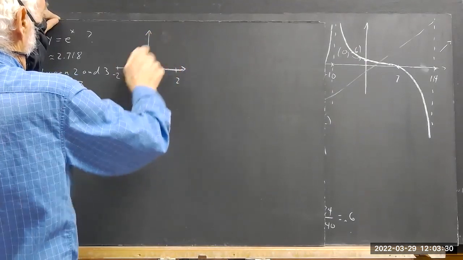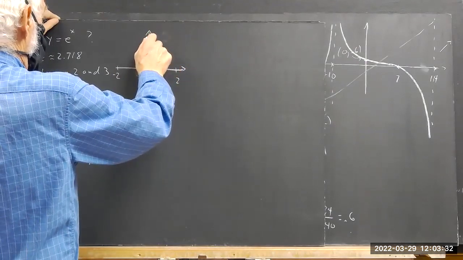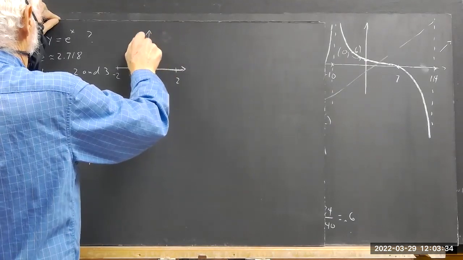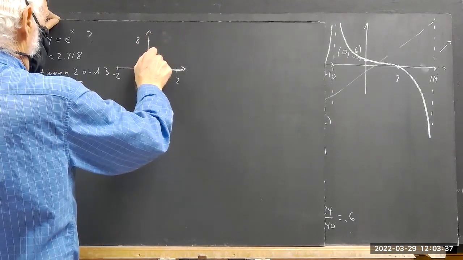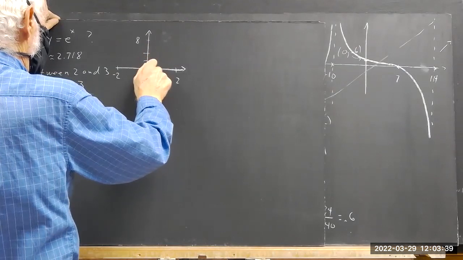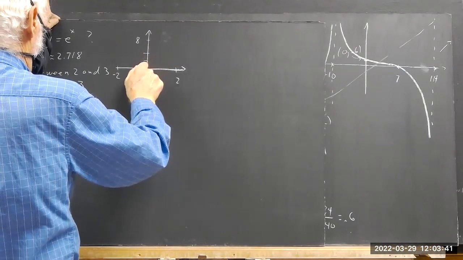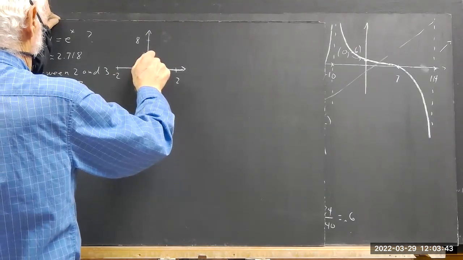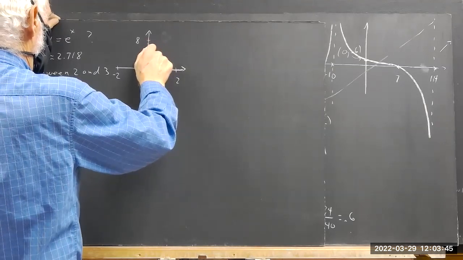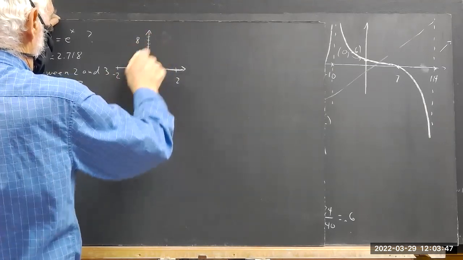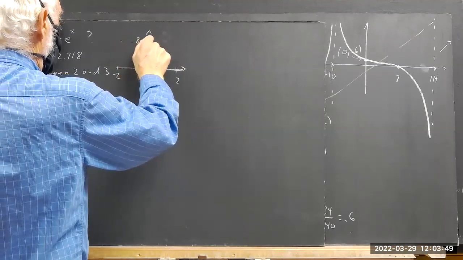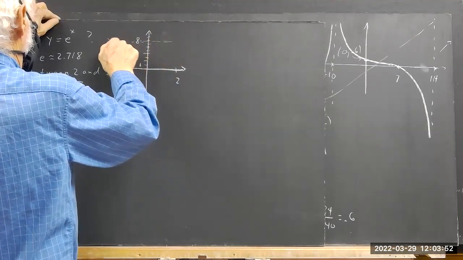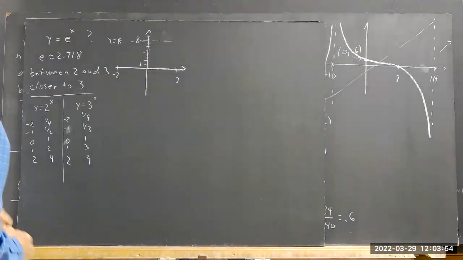Now, we need 9. So I'm going to put 8 here. So that's easy to subdivide. So here's 1, here's 2, then 3, and so forth. And I can put 9 up here. Okay, so here's y equals 8.